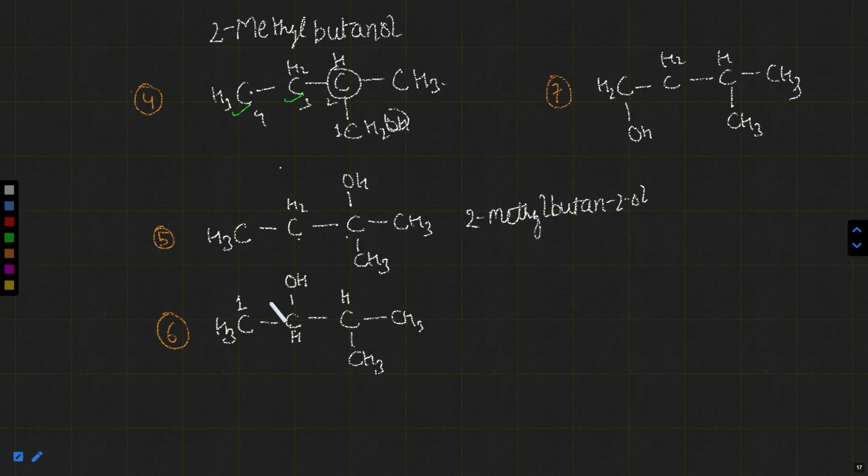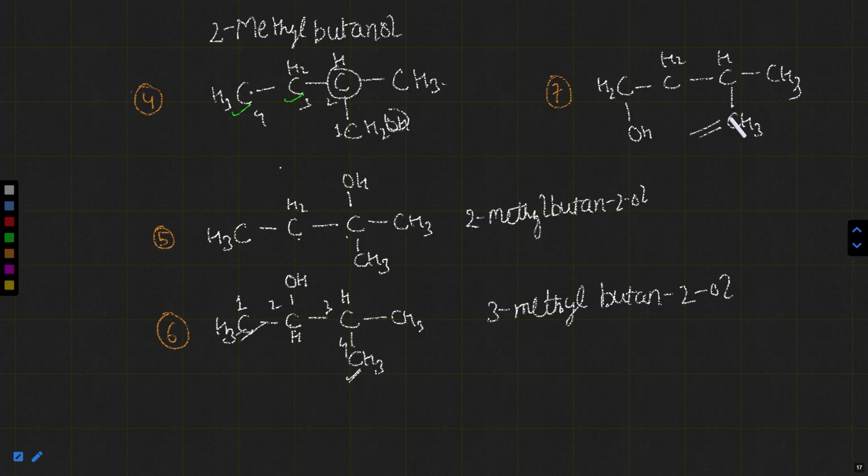So it should be named from this side, not from this side. From this side we'll name it. So what will be its name? At third position we have methyl. So 3-methylbutan-2-ol. Clear?